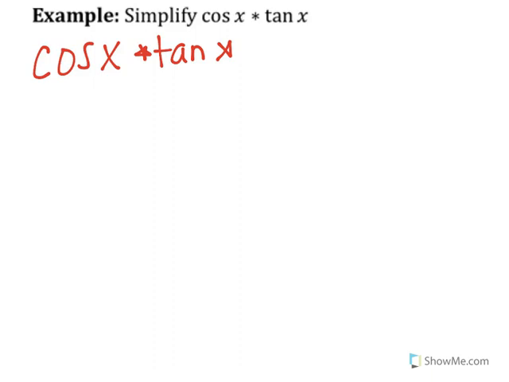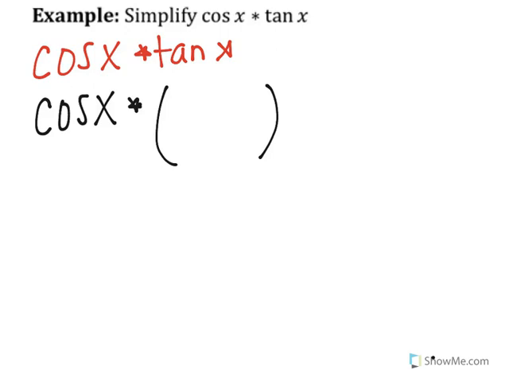So let's simplify cosine times tangent. Again, all else fails, let's start by putting it in terms of sine and cosine. So what we see is that we have cosine times tangent. I'm going to leave the cosine of x alone. But I don't want tangent. I want tangent in terms of sine and cosine. So again, I'm going to look at my identity sheet and say, is there any place tangent is in terms of sine and cosine?